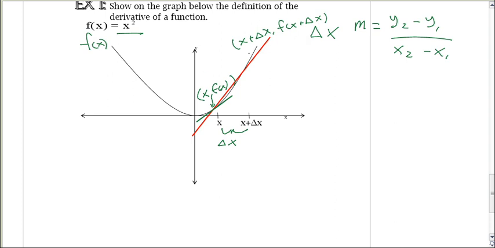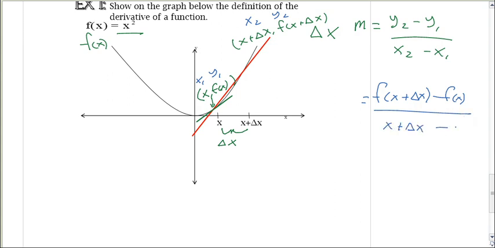This would be x sub 1, y sub 1, this would be x sub 2, y sub 2, and let's plug it in. You get f of x plus delta x minus f of x, which is your y sub 1, all over x plus delta x minus x.